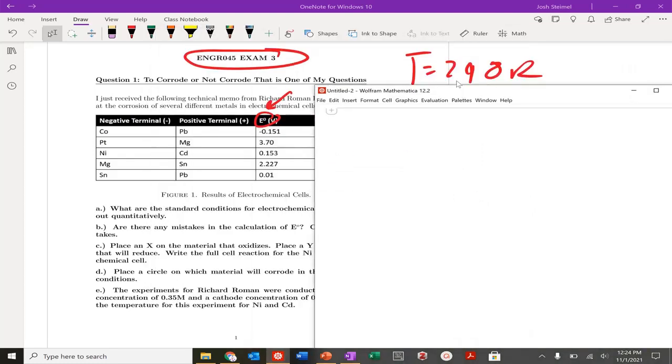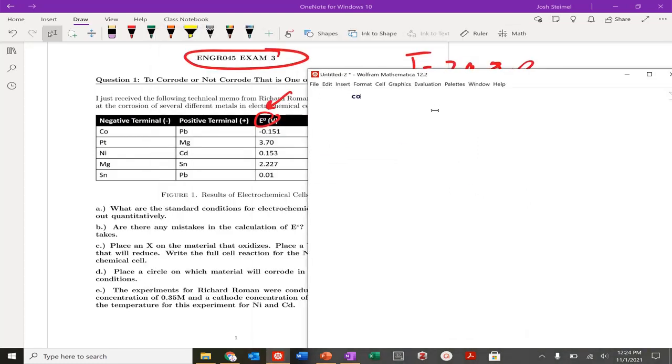So we're looking at cobalt, Pb, Mg, nickel, Cd, and Sn, Pt. All right, perfect. Okay, so I think we're good.